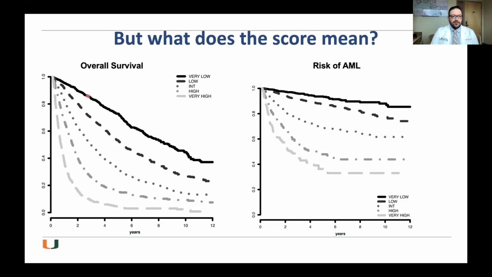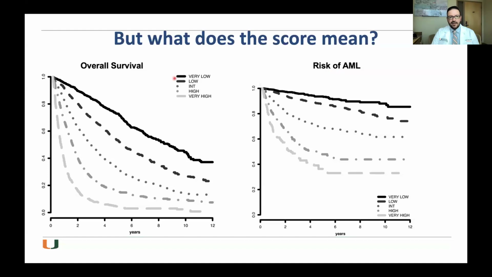And then you can see, with these dotted lines, the dots and the grayish colors, as you go higher up in risk, even low risk and intermediate risk, the survival decreases to where now 50% of patients are living around 4 years, to the very highest risk categories where it can be even less than 1 year.